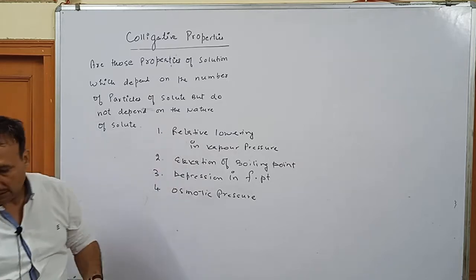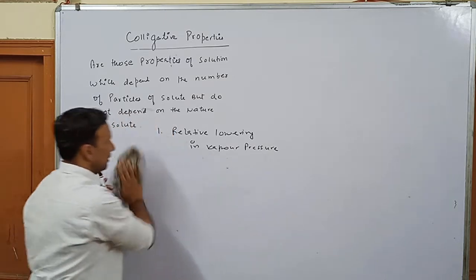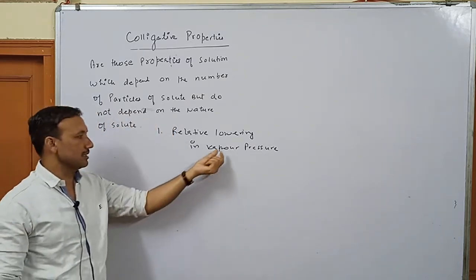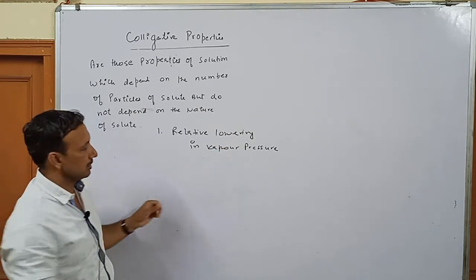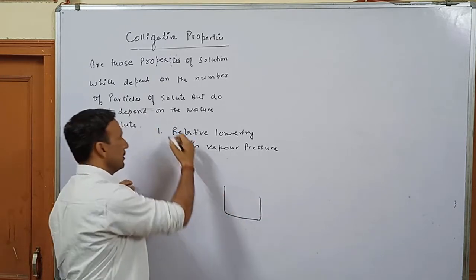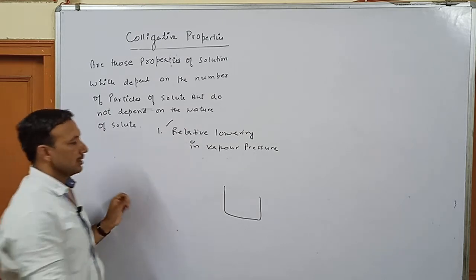First is relative lowering in vapor pressure. In the last lecture we discussed the vapor pressure of any liquid solution. Now, the first colligative property is relative lowering in vapor pressure.